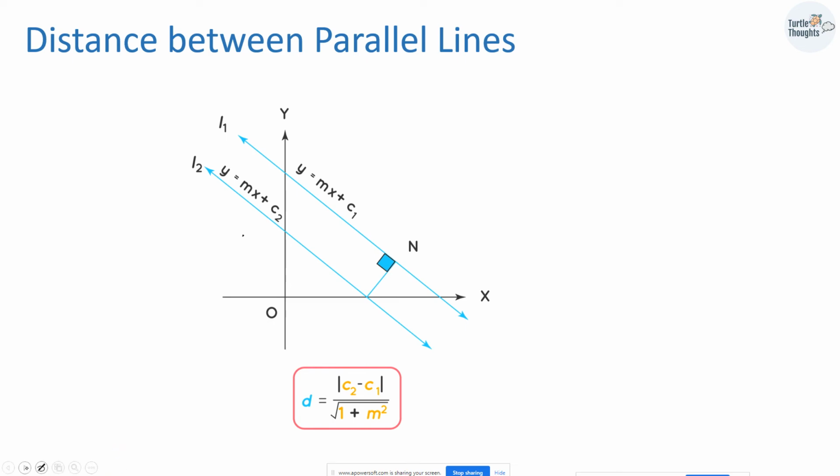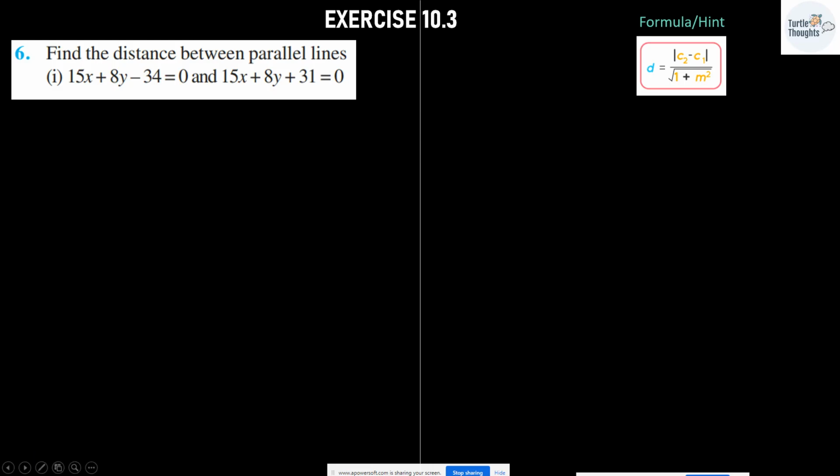I will be taking a problem on the same concept. I have taken a formula here also. Question number 6. Find the distance between parallel lines. First one, 15x plus 8y minus 34 is equal to 0. This is one line, and 15x plus 8y plus 31 is another line.